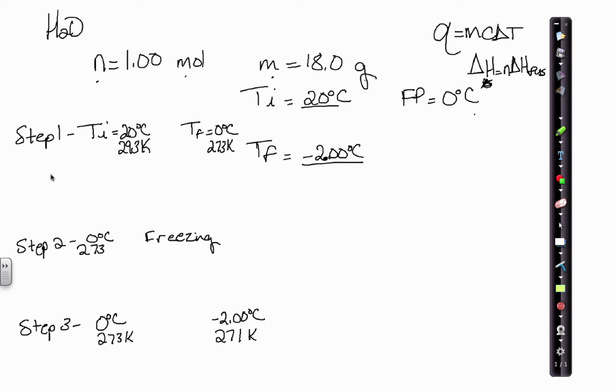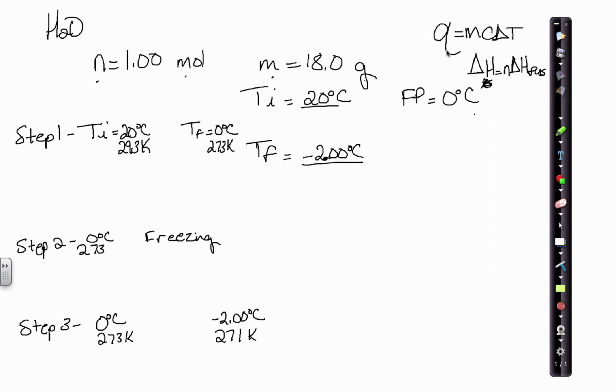All right, so in step 1, we have a temperature change, so we're going to use this formula right here. We need to find the heat in each step. To find the total heat energy that goes into this process, we need to get the heat at each step, and then at the end, we're going to add them together. So we're going to use Q is equal to MCΔT.